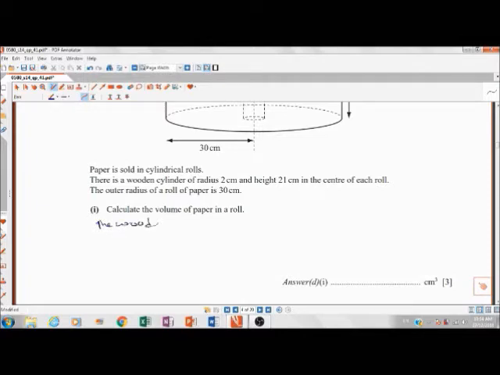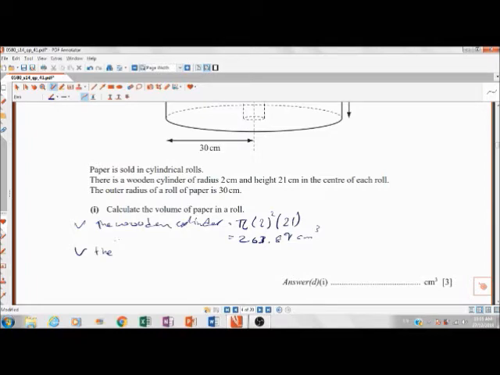So the wooden cylinder is, use the formula pi r square, which is 2, times height, which is 21, and you get 263.89 centimeter cube.